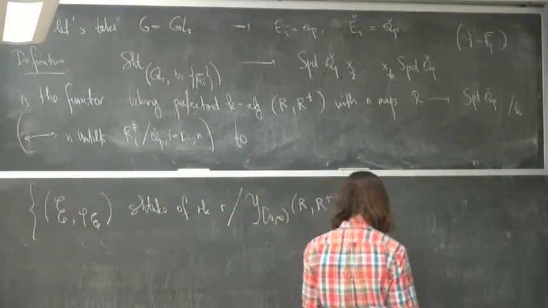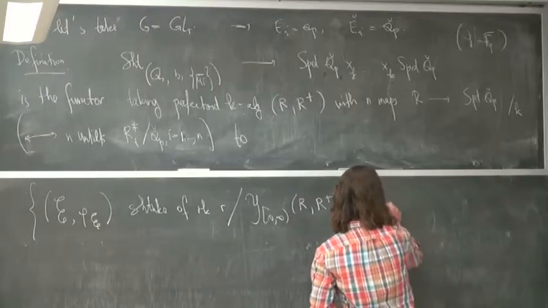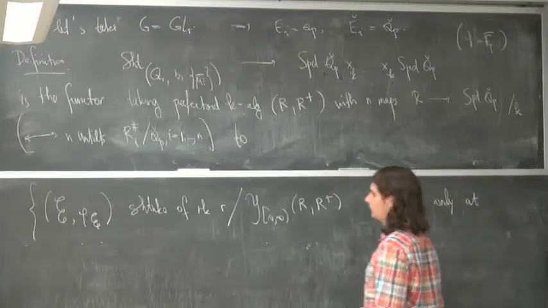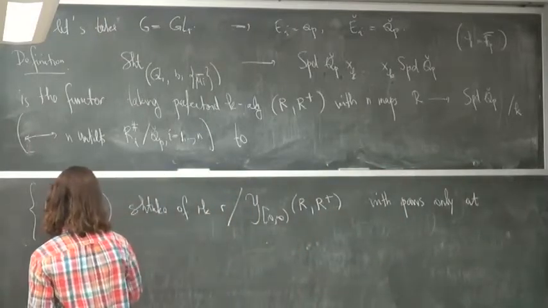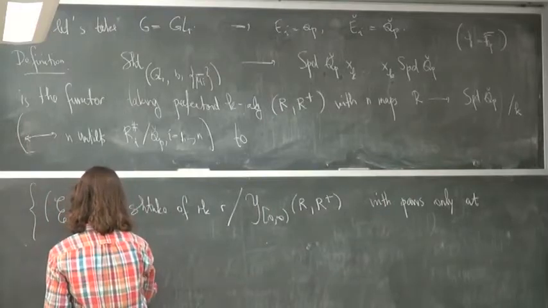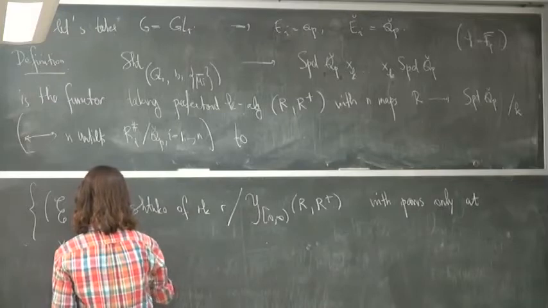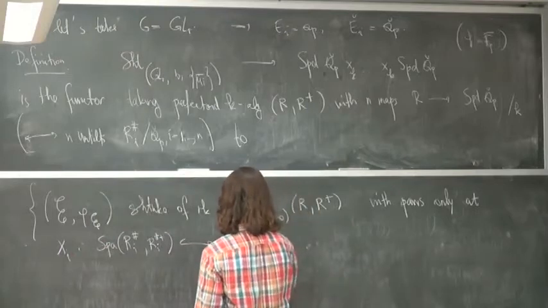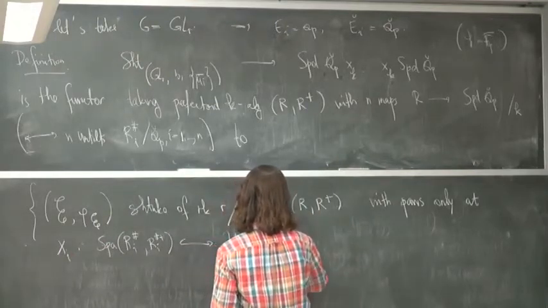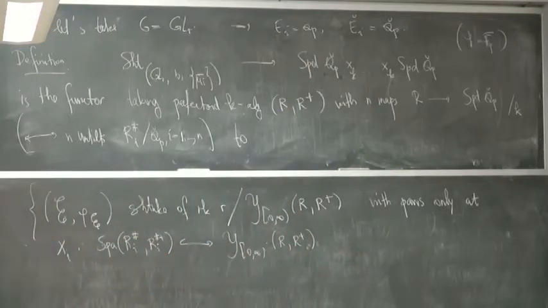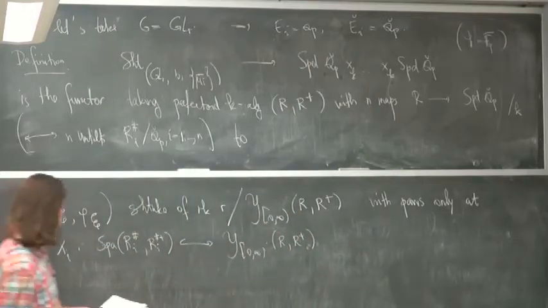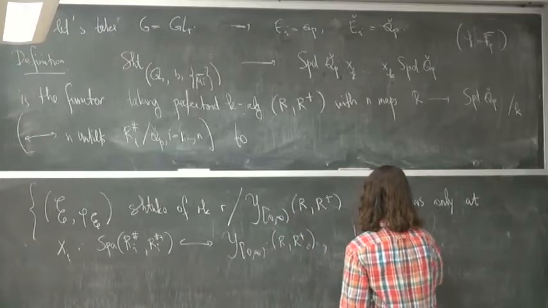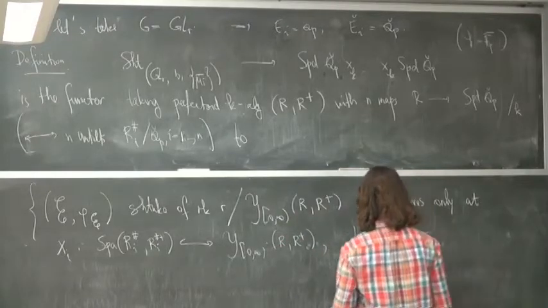Shtukas by definition are objects over that space, with poles only at the x_i, which I recall, so these untilts can be seen as maps from the adic spectrum Spa R_i sharp, R_i sharp plus, sitting inside this Y_{[0,\infty)}(R^+). These poles are supposed to be bounded by mu_i bar in a sense which I'll explain in a second.